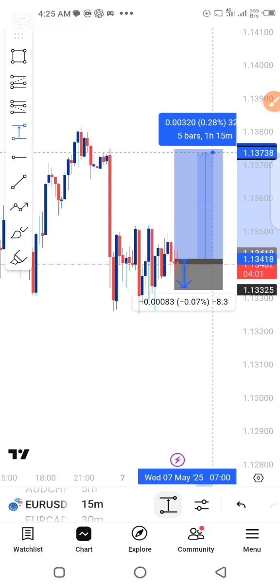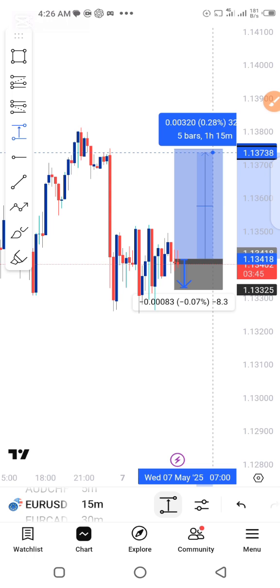So if the market goes against me, I lose $10. If the market goes in my favor, I make an extra $30. Do you get it? This is just how it works.